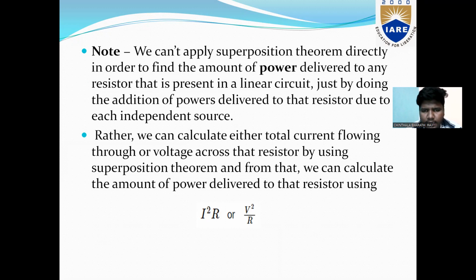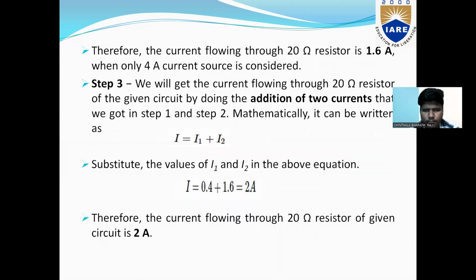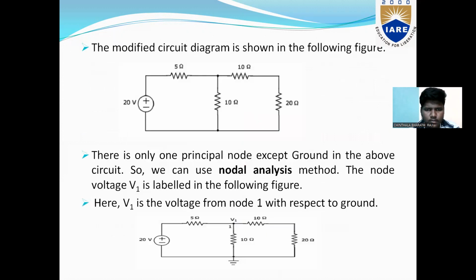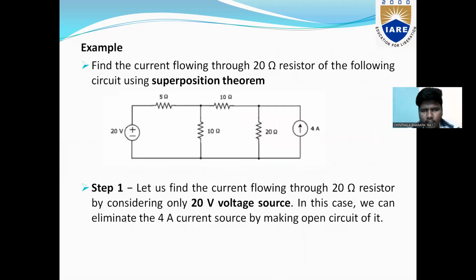Rather, we can calculate either the total current flowing through or the voltage across that resistor using the superposition theorem, and from that we can calculate the power delivered to the resistor using I square R or V square by R. So the current through the 20 ohm resistor is 2 ampere.